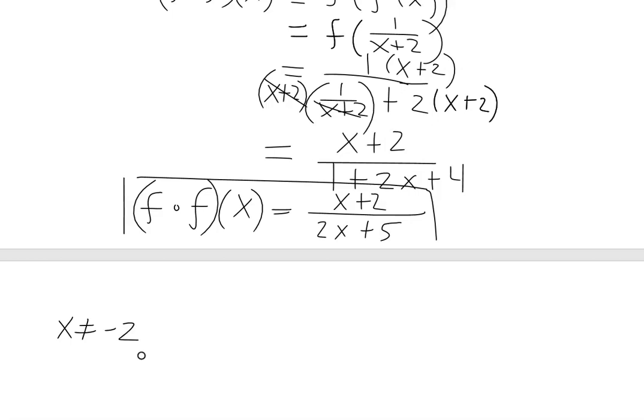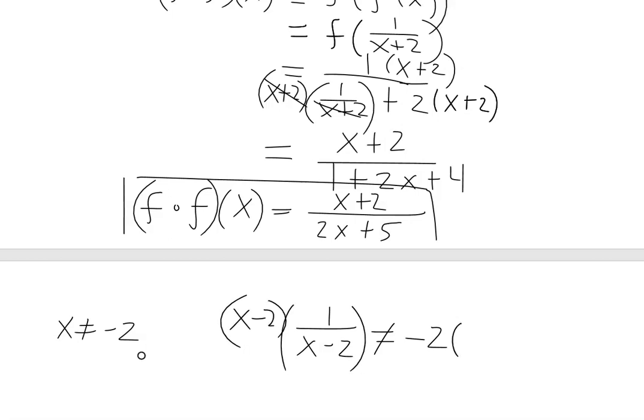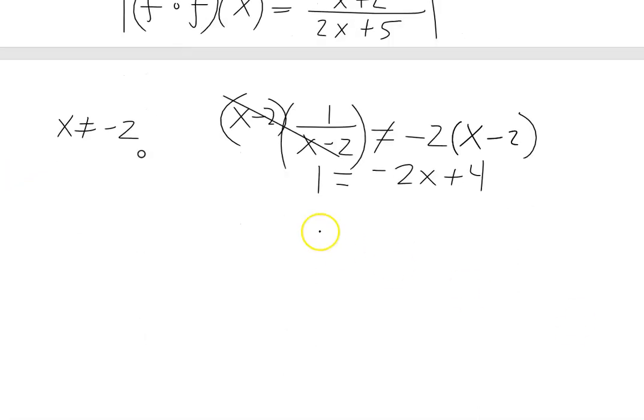And we have to exclude anything that makes f of x equal -2. So multiply both sides by x minus 2. We get 1 is equal to -2x plus 4. Subtract 4 from both sides.